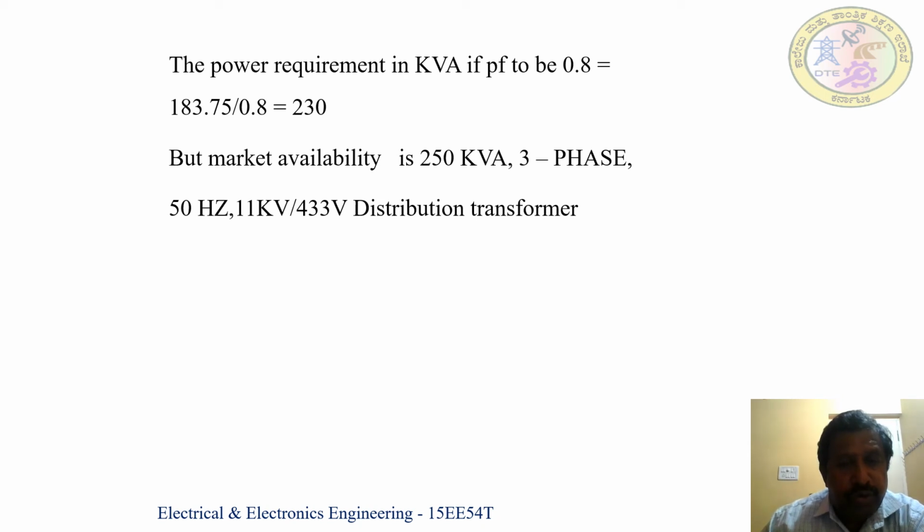That gives the value 230. But the market availability is 250 kVA. The specification of transformer is 250 kVA, 3 phase, 50 Hz, 11 kV by 433 volts distribution transformer.